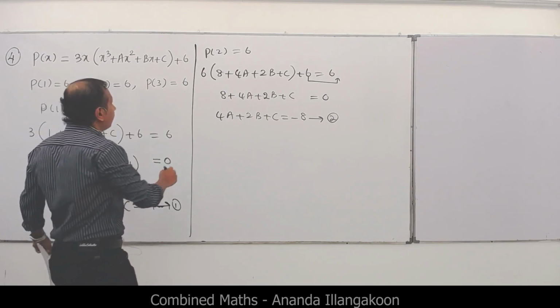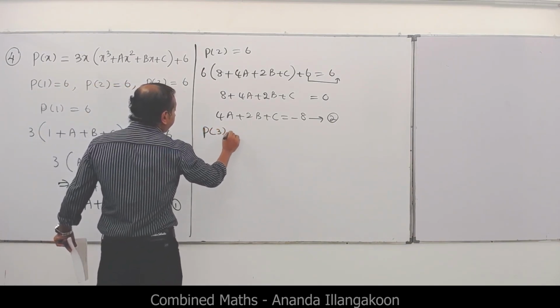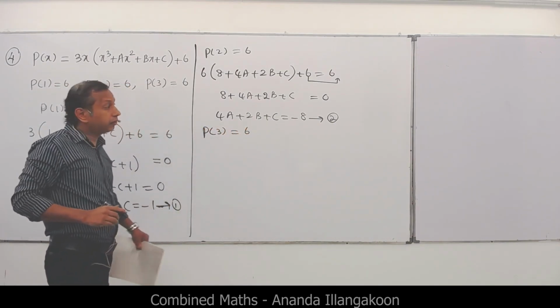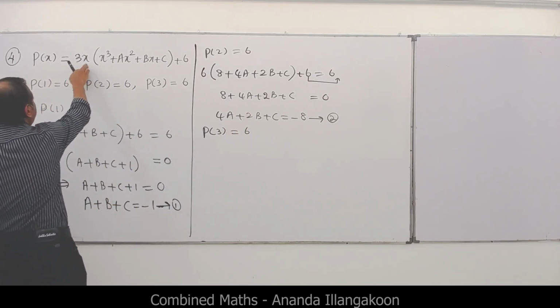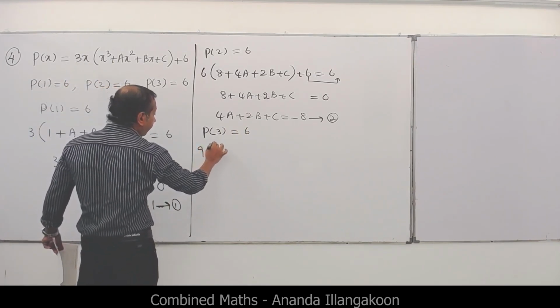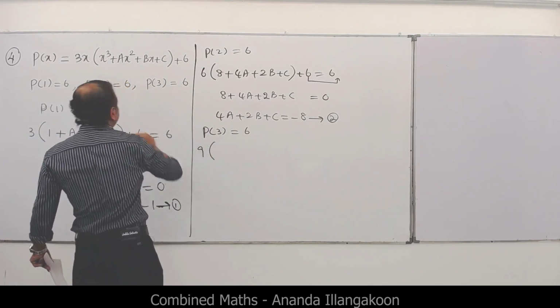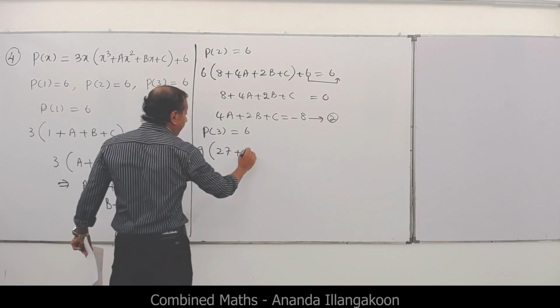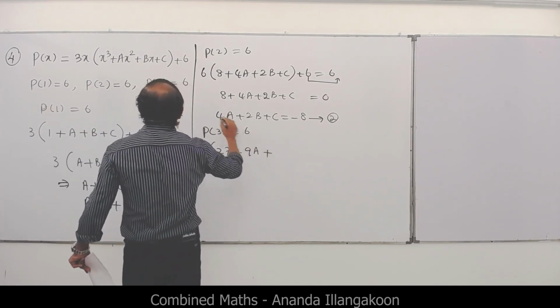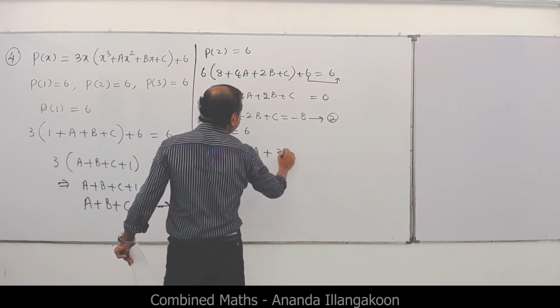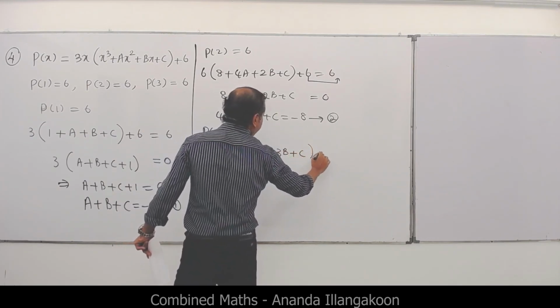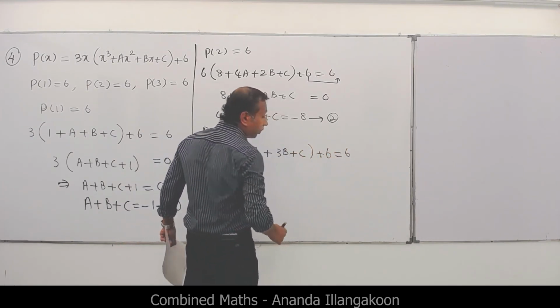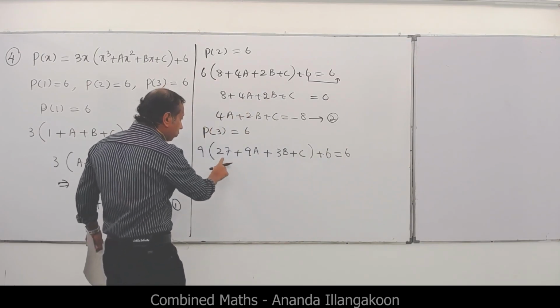Then P(3) is also 6. P(3) means 3 into 3, 9. Here 27. Here 9A and 3B and C plus 6 is equal to 6. As before, we can say this should be 0.